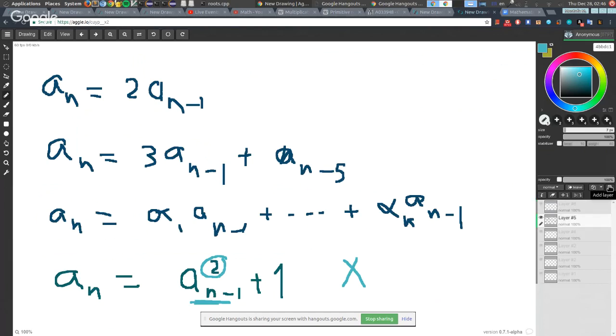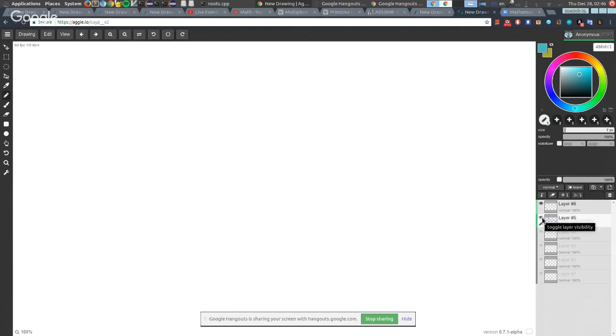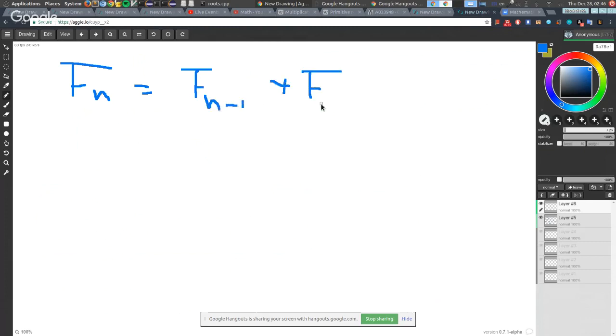So now I will be explaining a really famous example. This is the Fibonacci sequence. The Fibonacci sequence is defined like this, and it has the base cases f1 equal to 1 and f0 equal to 0.